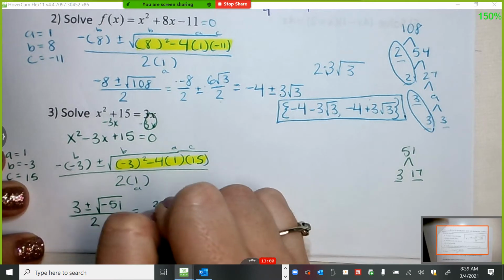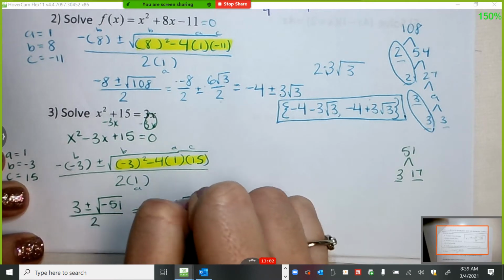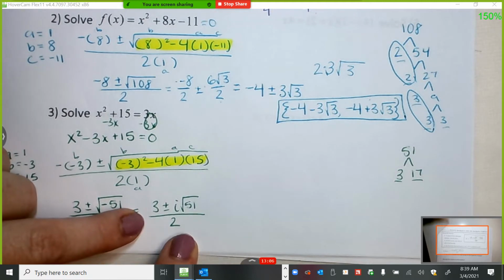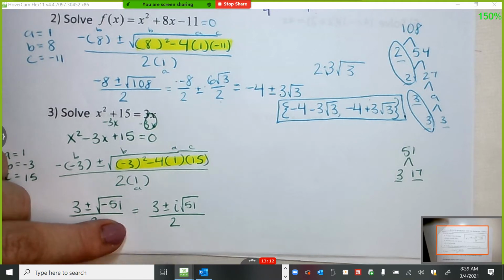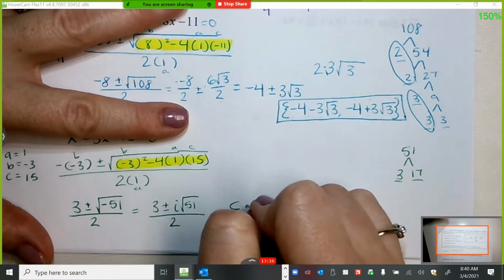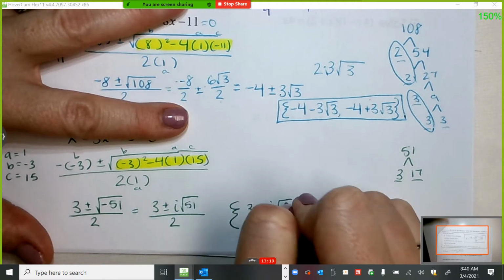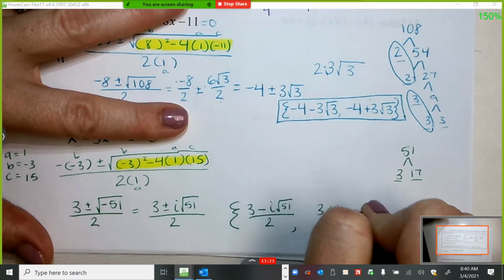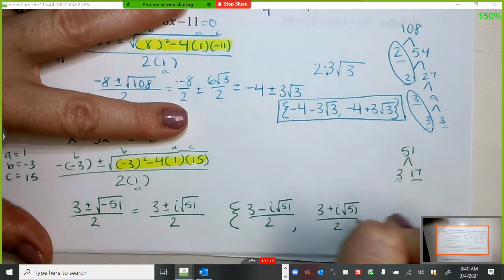So 3 plus or minus i square root of 51 over 2. Now, do I need to separate and simplify on this one? No, because nothing's going to simplify, so you can leave it if you want. If you still want to separate it, you're more than welcome to, but you don't have to. So my solutions are 3 minus i square root of 51 over 2, 3 plus i square root of 51 over 2.